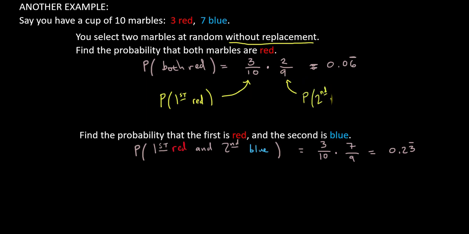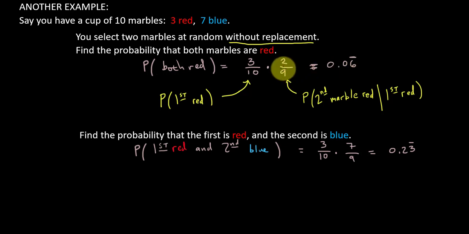That's the probability that the second marble is red, given that the first marble was also red.